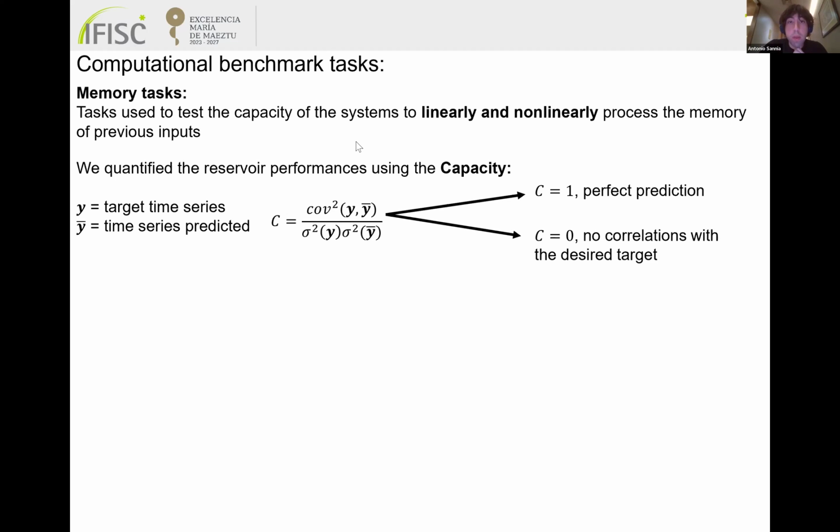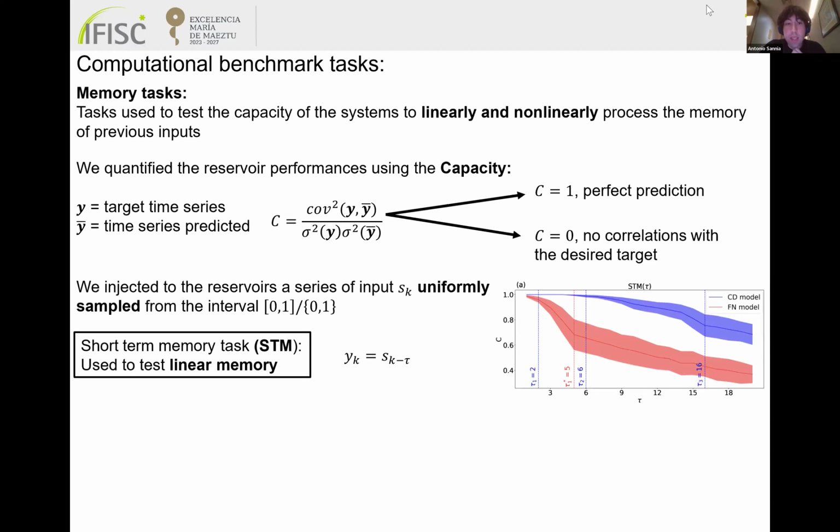The first task that we study is the short-term memory task. We consider the input to be uniformly extracted from the interval 0, 1, and the reservoir has to remember what the input was up to a certain delay. So it's completely linear. We are not asking it to compute a product of inputs, it's just saying what the input was.